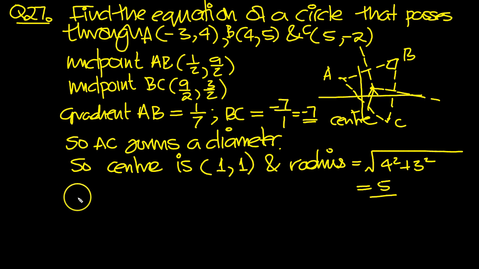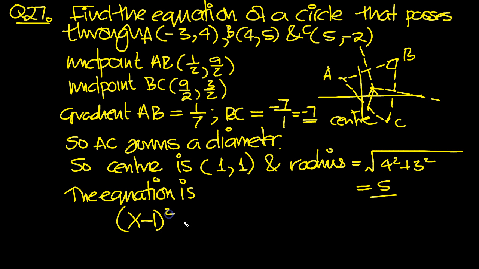So finally then, the equation of the circle is (x minus the x value at the centre) squared plus (y minus the y value at the centre) squared is equal to r squared, which is 25.